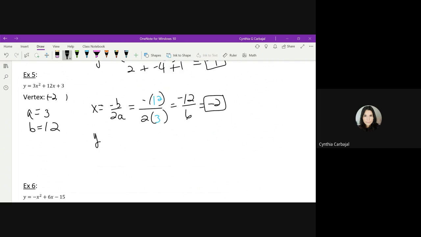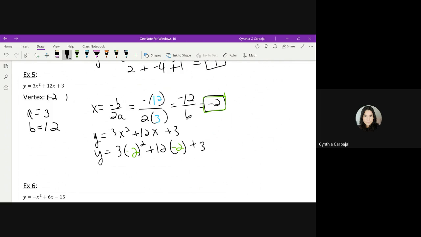And then y is 3x squared plus 12x plus 3. And then we're going to substitute in place of x that negative 2. So negative 2 from over here.